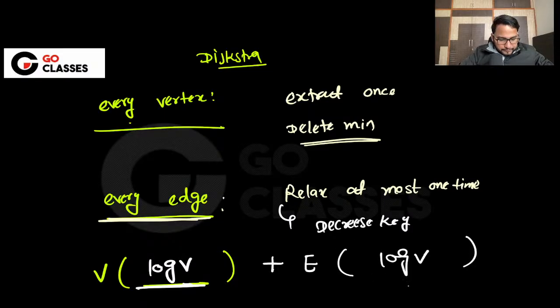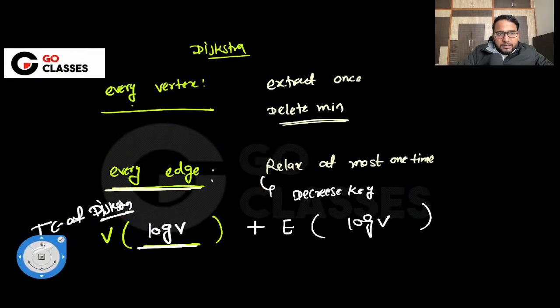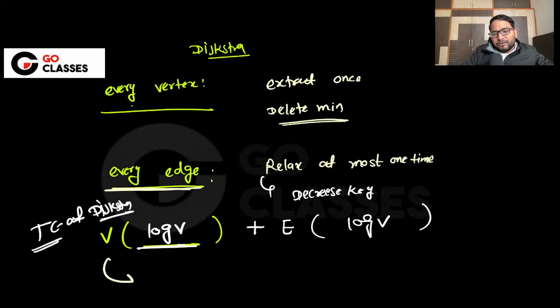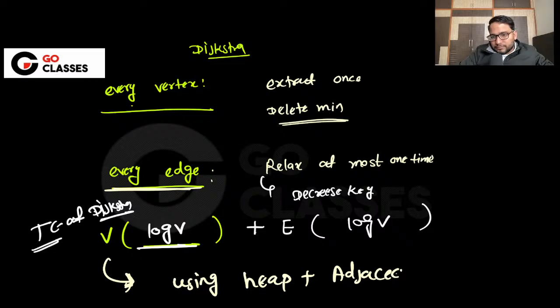So this is the time complexity of Dijkstra if you are not using an adjacency matrix, but using a heap plus adjacency list. Anyway, we can have one session about Dijkstra and Bellman-Ford, which is remaining. I'm just telling you quickly here.